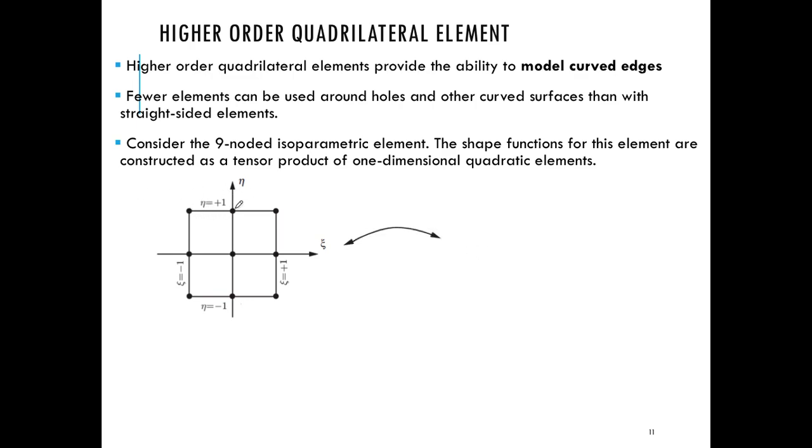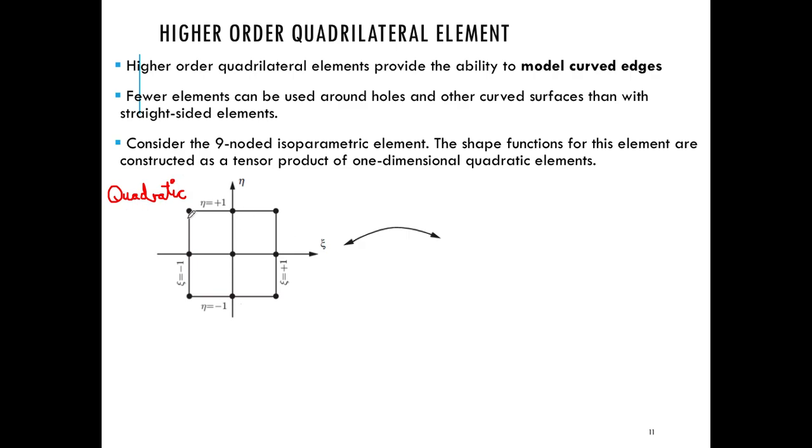So this 9-noded quadrilateral element is actually quadratic, okay? That is, the shape functions are not linear anymore, they are going up to powers of 2. They are quadratic in their order, right?